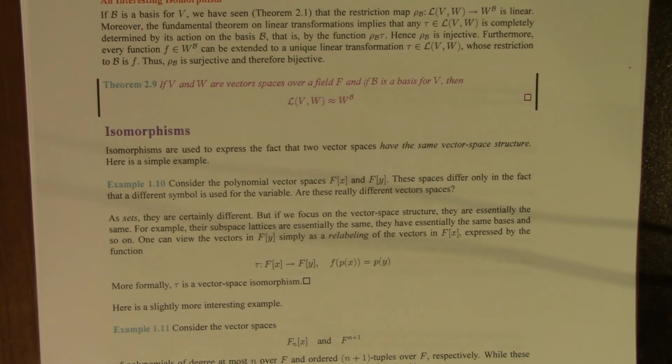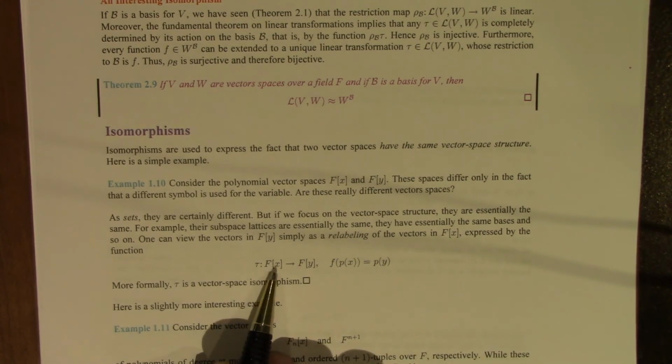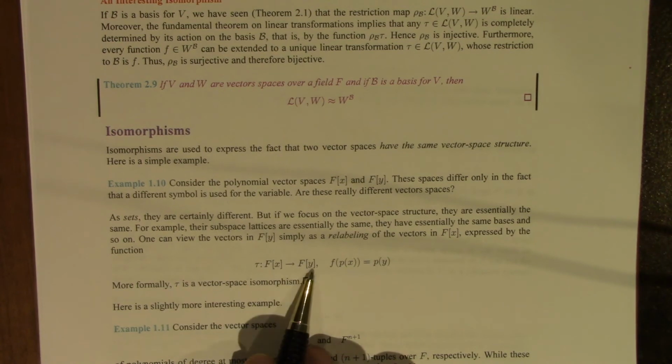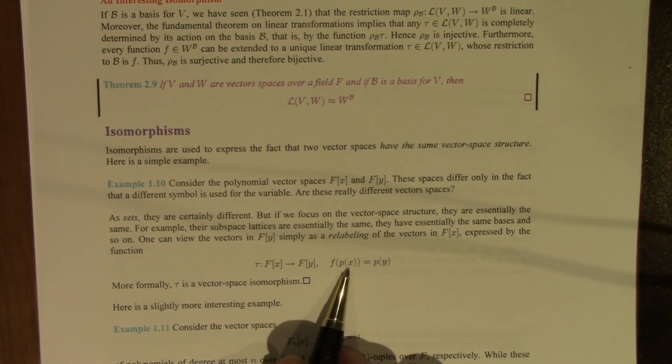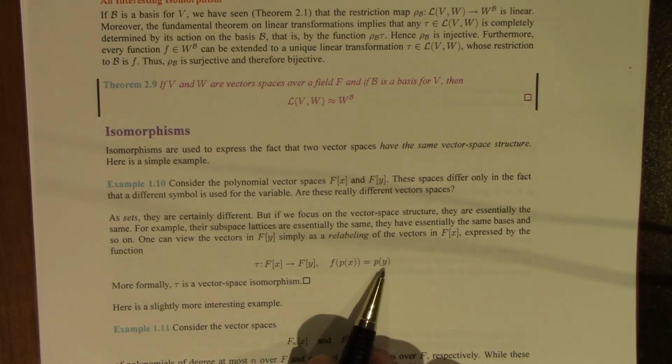For instance, their subspace lattices are essentially the same. They have essentially the same bases, and so on. The only difference is a relabeling of the independent variable. And that can be expressed by a function, tau, from polynomials in x to polynomials in y, which simply replaces x by y.